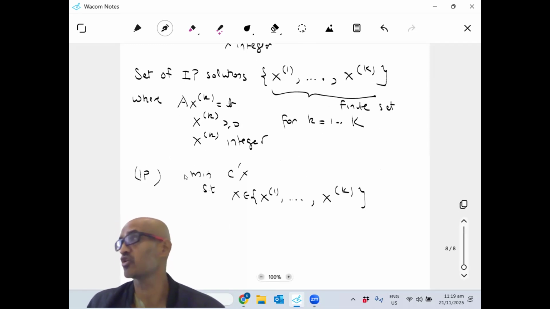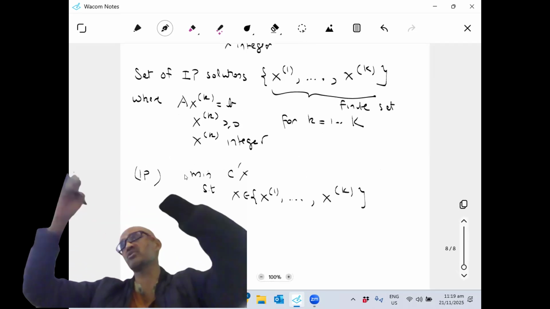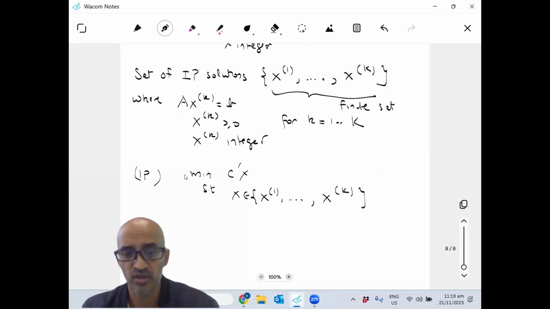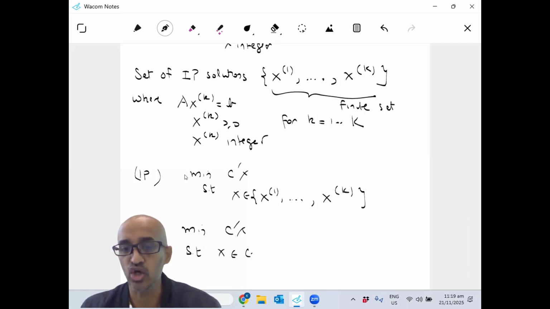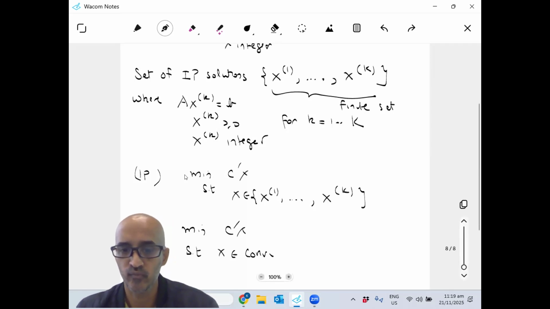But if I want to minimize a linear function over a set of points, that's the same thing as minimizing C transpose X subject to X in the convex hull of these sets.